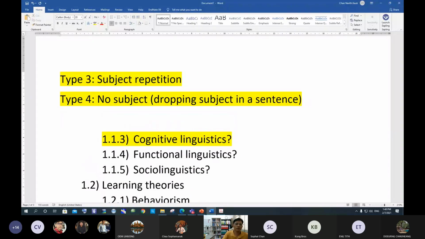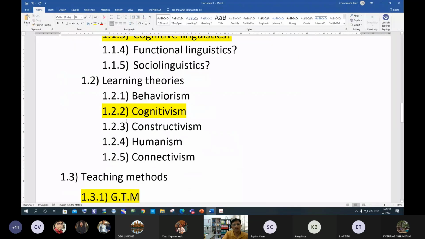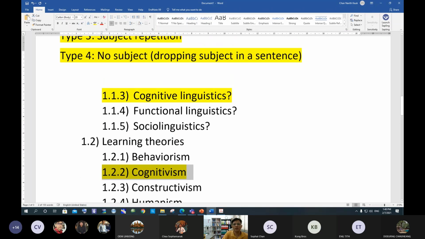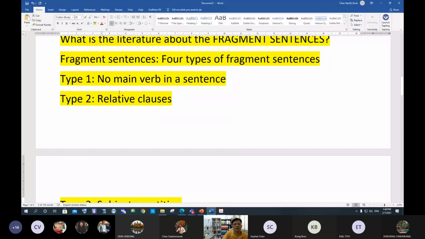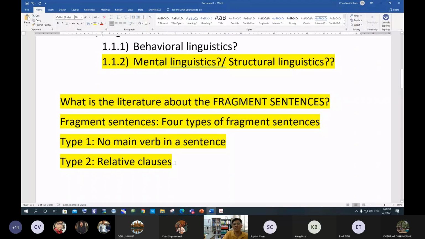And then you go to the learning theory, cognitivism, the learning theory about learning is information processing. In order to argue that if the learning doesn't take place properly, the acquisition of the sentences will not be appropriate, then fragment sentences arise.